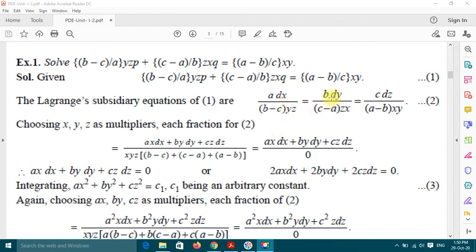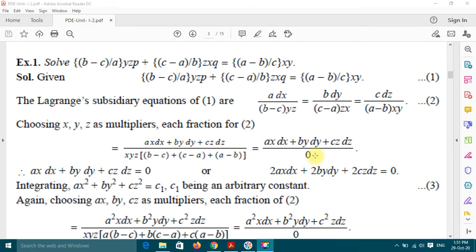If we multiply the second fraction by y, this becomes xyz, and if we multiply the last fraction by z, again in the denominator we get xyz. So we take xyz outside and this becomes b minus c plus c minus a plus a minus b, and they cancel out, so this denominator will be 0.